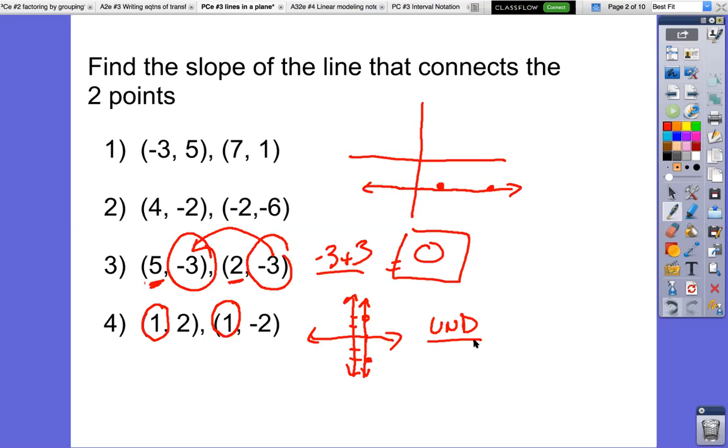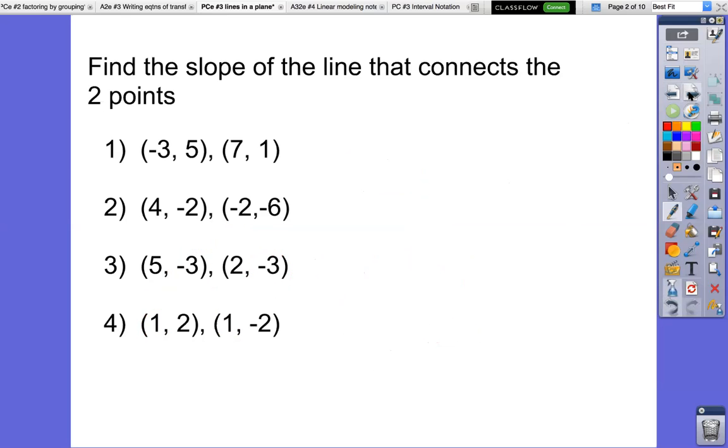The reason I'm pointing that out is because at the end, we're going to move on to the pre-cal stuff and still Algebra 2, where I'm going to have you write an equation with the given slope. Questions on that? Okay.